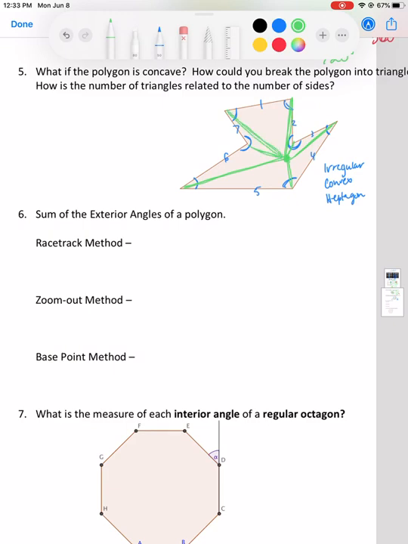Okay, so we have 7 sides. Let's see how many triangles there are. If I do the point method, it should be the same amount. So it's triangle 1, triangle 2, triangle 3, triangle 4, triangle 5, triangle 6, and here's triangle 7.